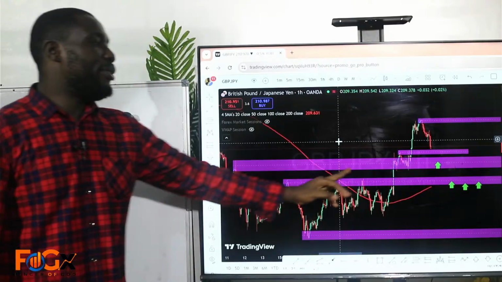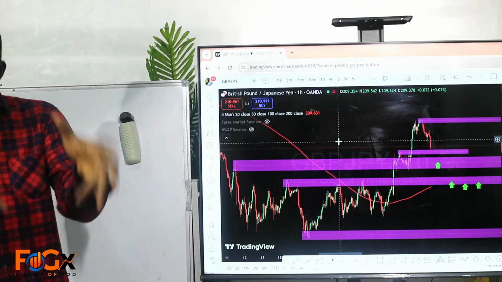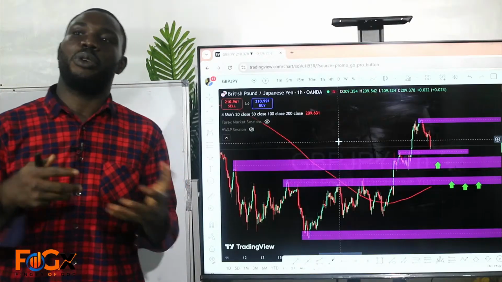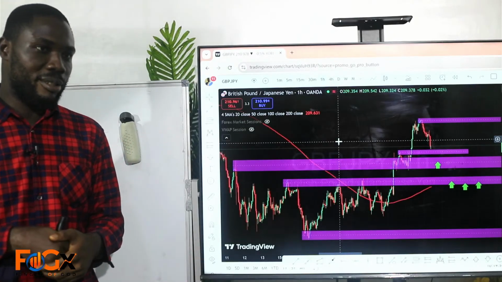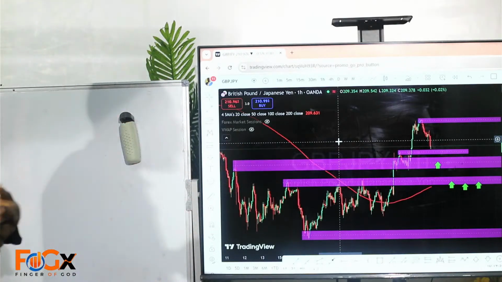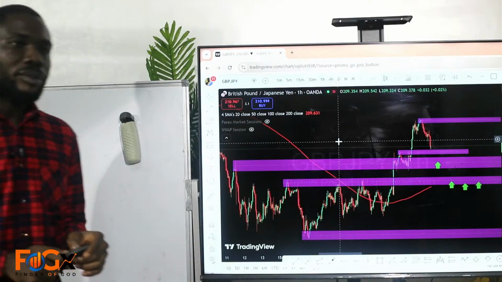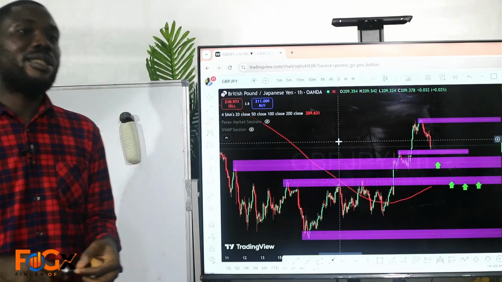Because we have a lot of zones, and you cannot say for a fact that this is the zone the market will respect, because of the profile of the market or the structure of the market. Now, you can set an alarm, which is a very good one. On this, you miss the trade.